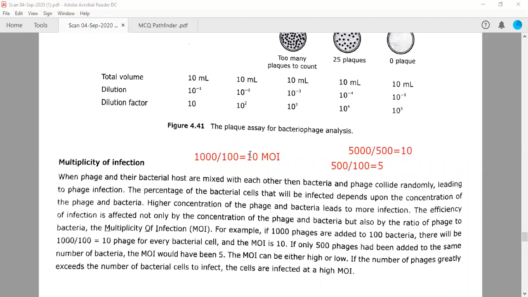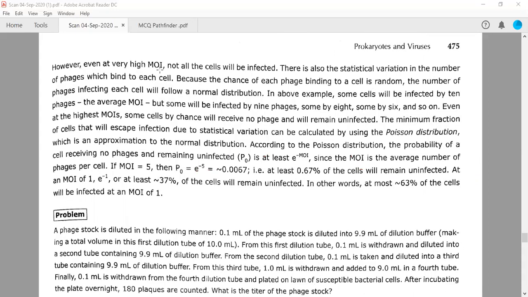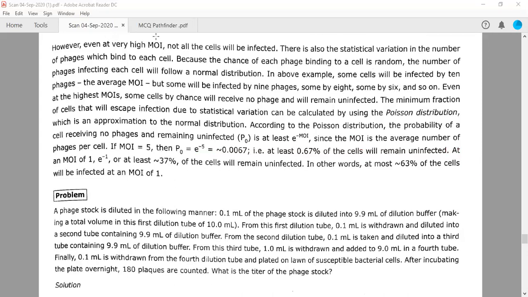Now, how will you calculate how many cells will remain uninfected? You need to do some calculations, and these calculations are called Poisson distribution. So you need to find a reason why even at very high multiplicity of infection, not all the cells will be infected.